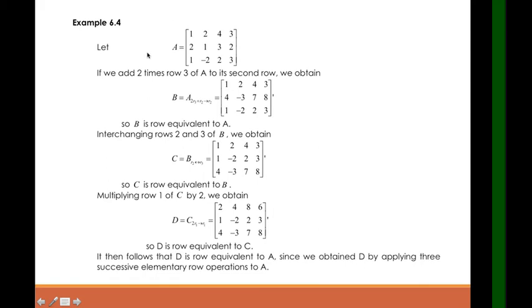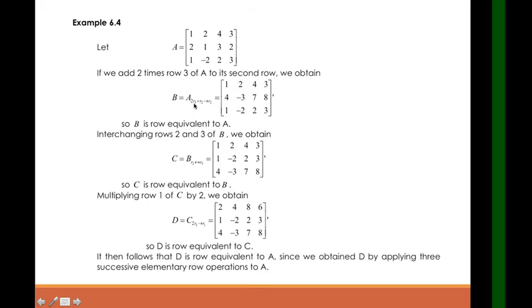So, example. Okay? Let A be the square bracket of 1, 2, 4, 3, 2, 1, 3, 2, 1, negative 2, 2, and 3. If we add 2 times row 3 of A to its second row, we obtain this one. And this is a type 3.